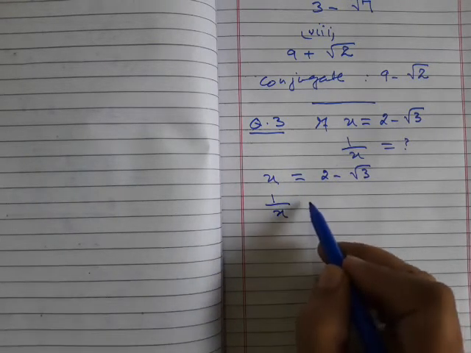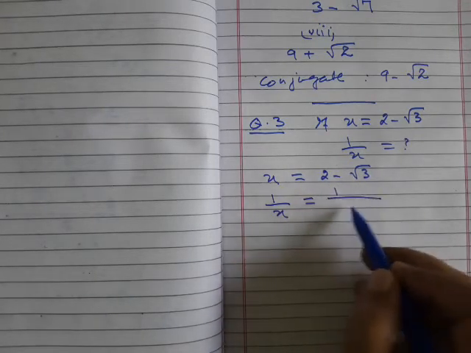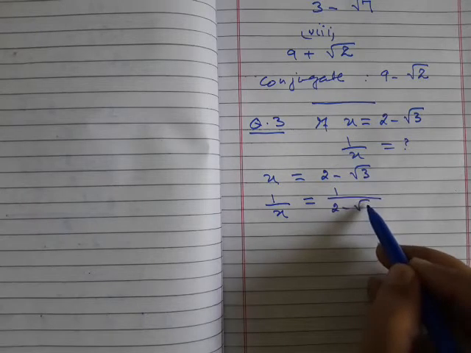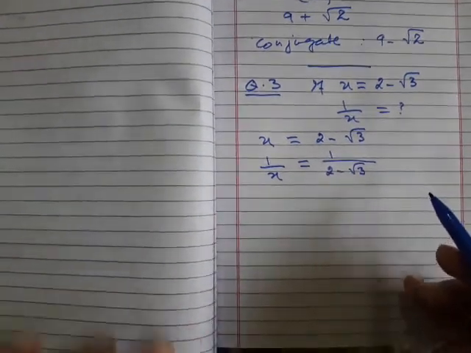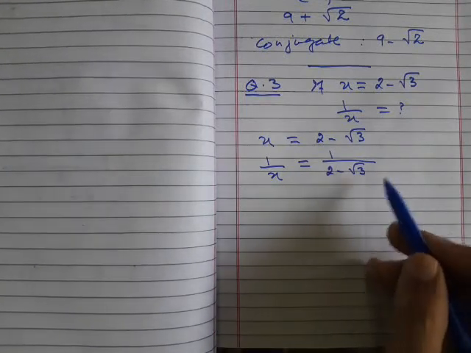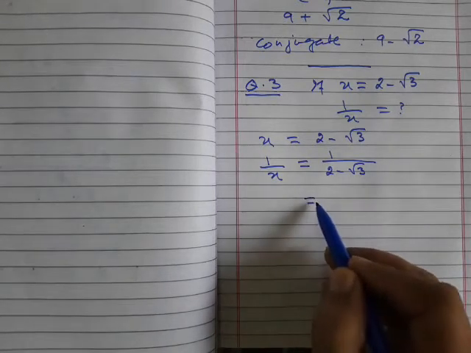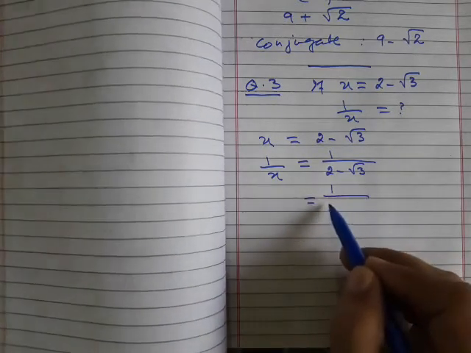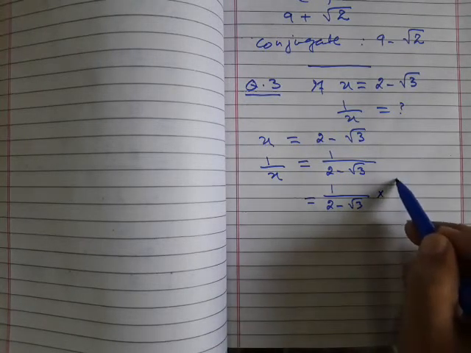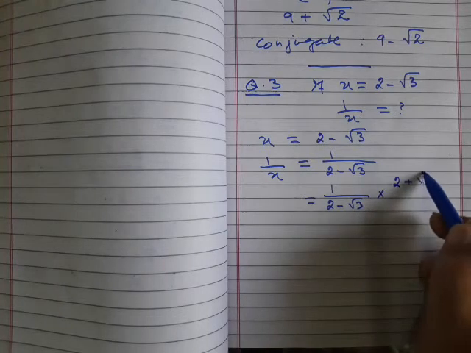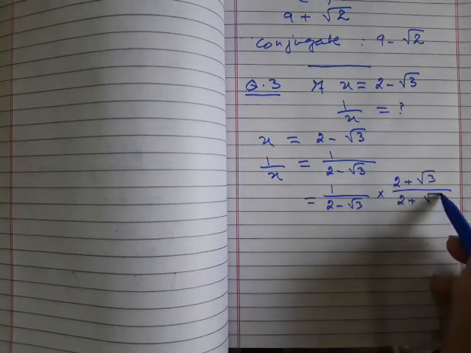Reciprocal of x is 1 over x. Reciprocal of 2 minus under root 3 is 1 over 2 minus under root 3. Now beta, we have to rationalize it. The same way, we will multiply and divide by the conjugate of 2 minus under root 3. What is the conjugate? 2 plus under root 3 over 2 plus under root 3.